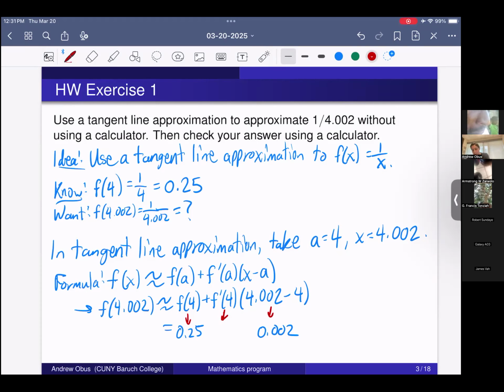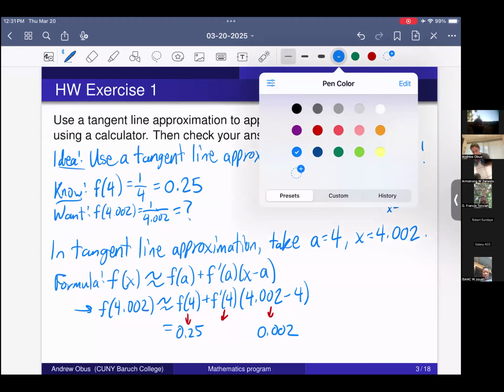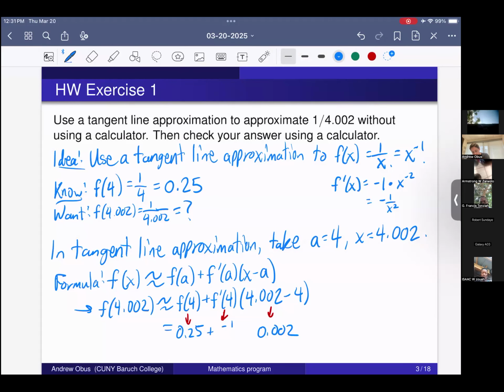So what do we get with this f prime of 4? Well, f of x up here, remember, is 1 over x. Another way we could write that is x to the minus 1. Using the power rule, we have that f prime of x is equal to negative 1 times x to the minus 2, or in other words, negative 1 over x squared.